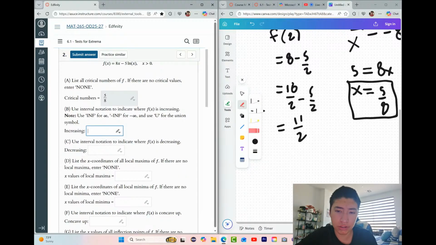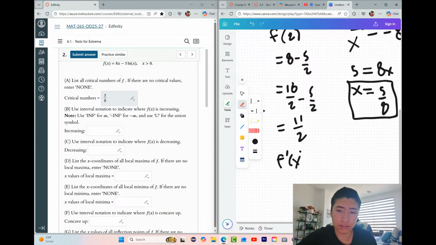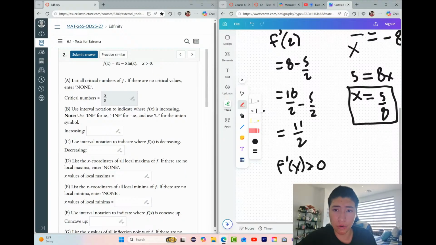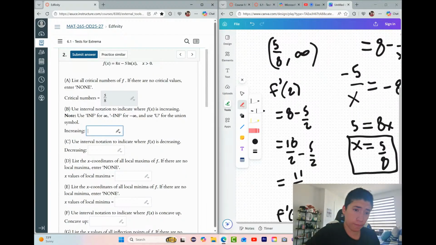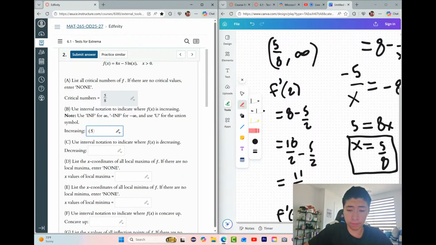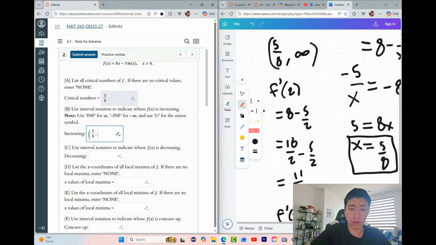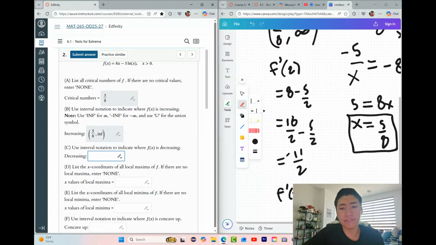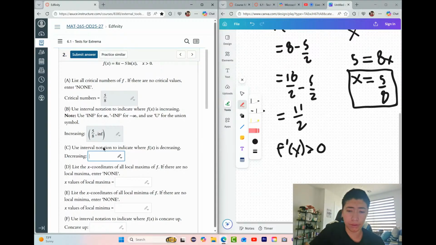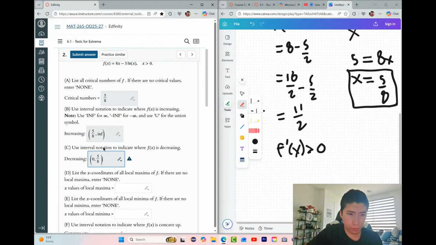So f prime of x is positive within this interval. Therefore, in the interval between 5/8 and infinity, f of x is increasing because f prime of x is greater than 0 within that interval. And decreasing, I think it's going to be from 0, not including 0, all the way to 5/8, right?